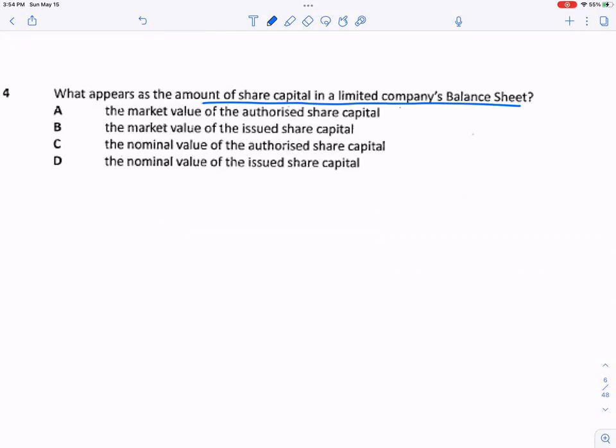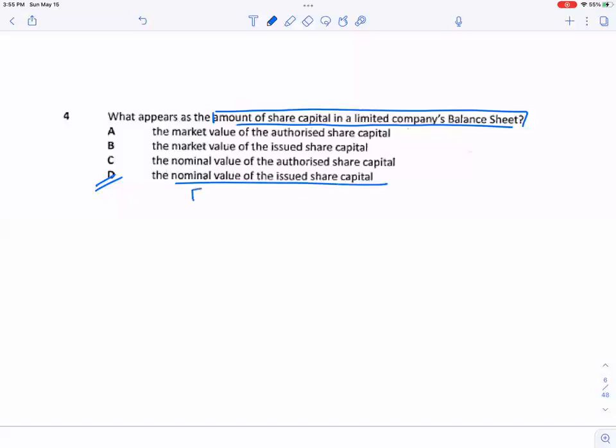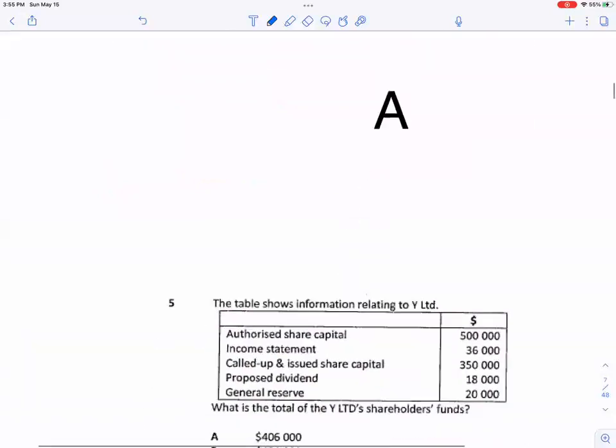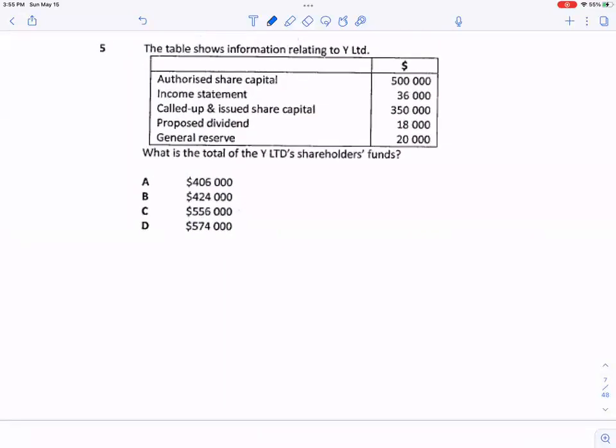Ashman, if you know, please be quiet and allow others to think. Nominal value means face value.